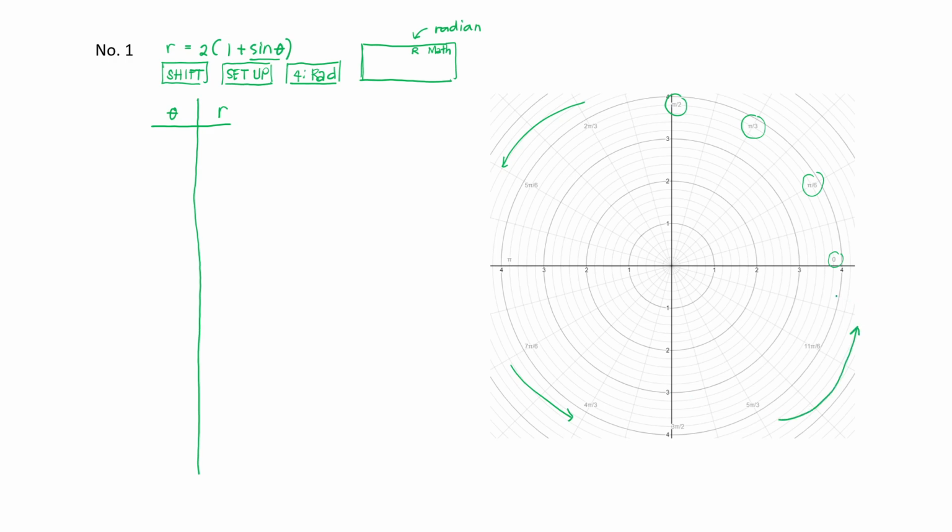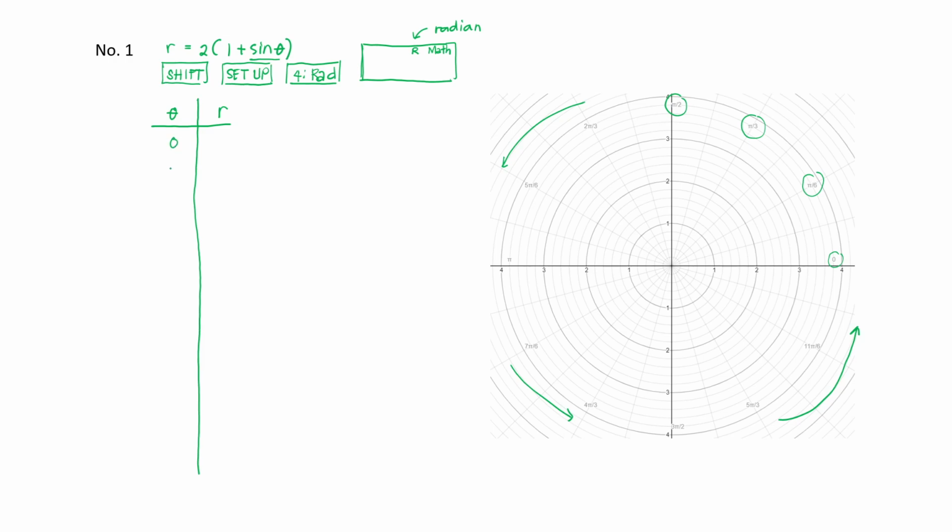That's how you graph your polar equation: starting from 0, then rotating counterclockwise up until you reach the 2 pi angle again. So one full turn or full rotation of your angles.